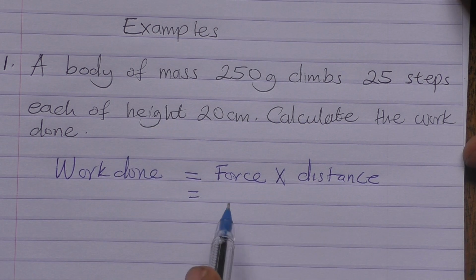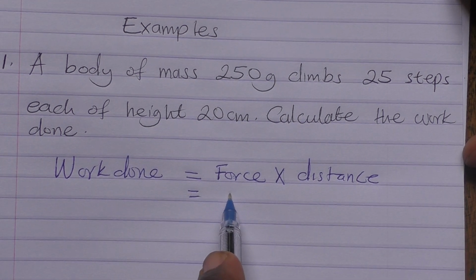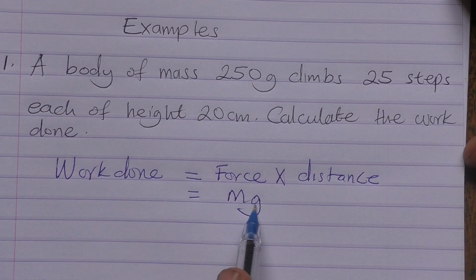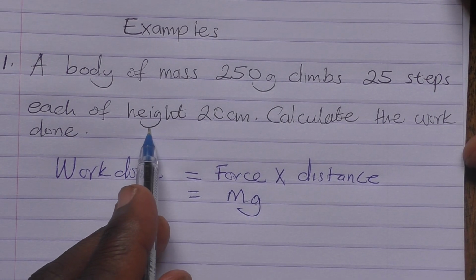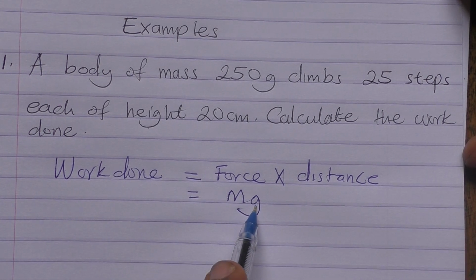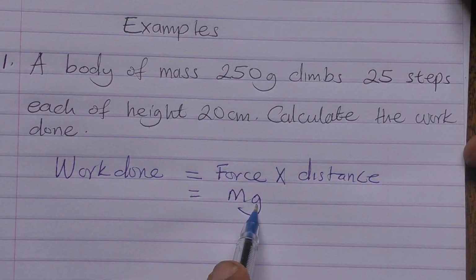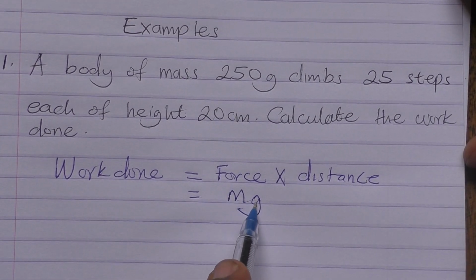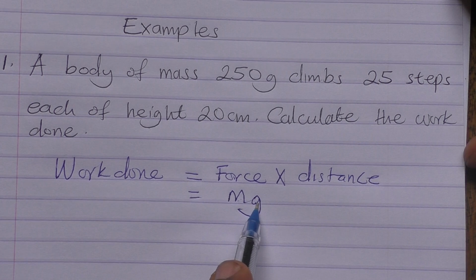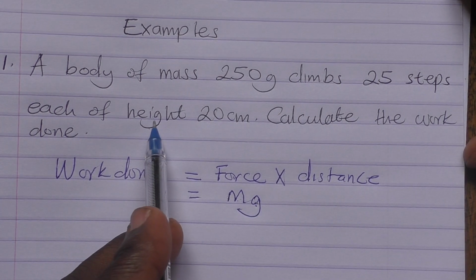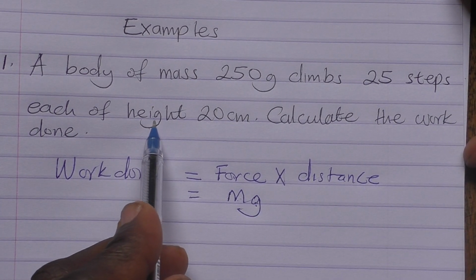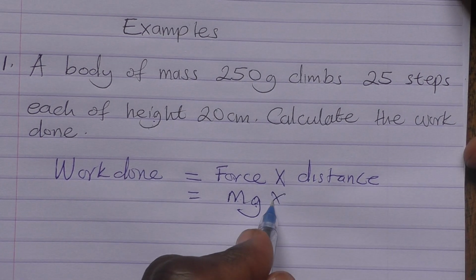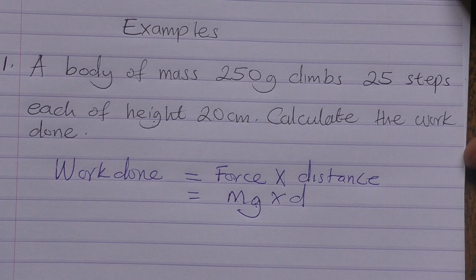Then instead of writing ma for force, we shall write mg, because the acceleration for vertical motion is acceleration due to gravity. That is from the word height. Hope we are together. Times the distance d.